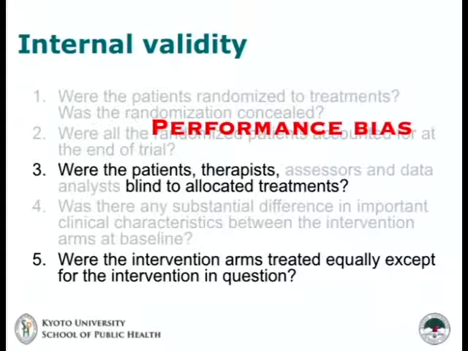It then follows that the first 3 checkpoints are the more important ones, and the last 2 points are less vital. Because if all checkpoints 1, 2, and 3 are ensured, then checkpoints 4 and 5 would usually follow.